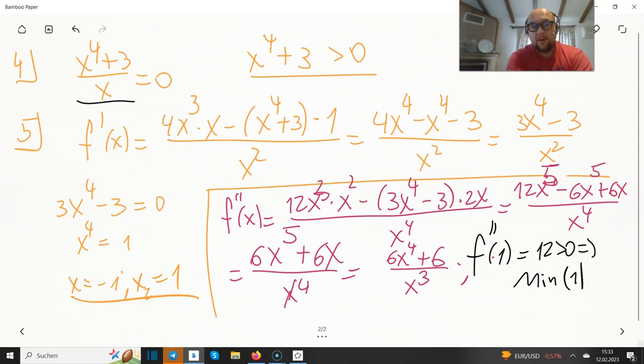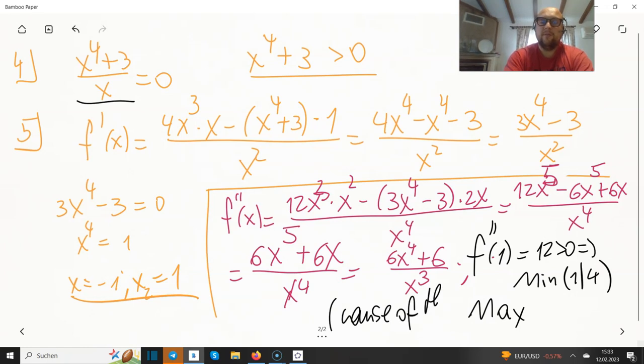So 1 and 4 is a minimum. And once again, because of the symmetry, we're having a max at minus 1, minus 4. That's it.